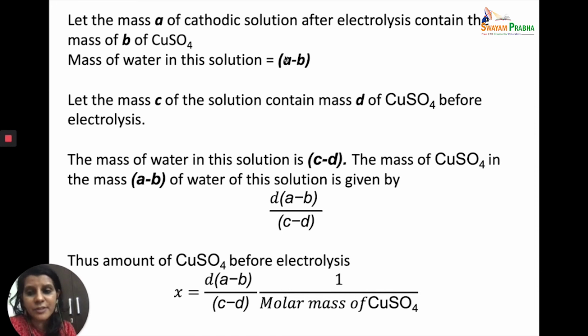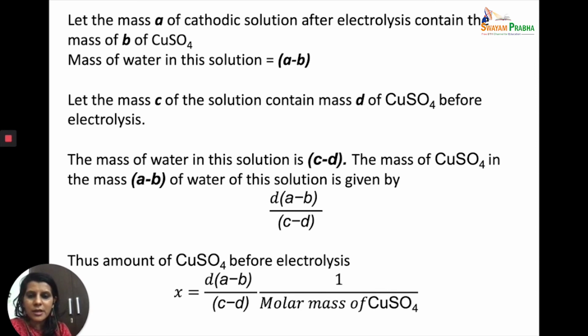So this is after electrolysis. Let us suppose that the mass C of the solution before electrolysis contained mass D of copper sulfate. So after electrolysis, you took A mass of the cathodic solution and it contained B mass of copper sulfate, so the water was A minus B. Now you had done the experiment before also, so you were analyzing the concentration before also, and before the electrolysis the mass C of the solution contained mass D of copper sulfate.